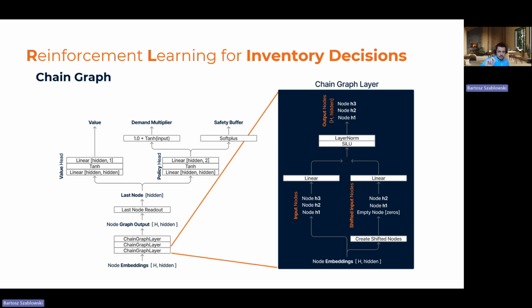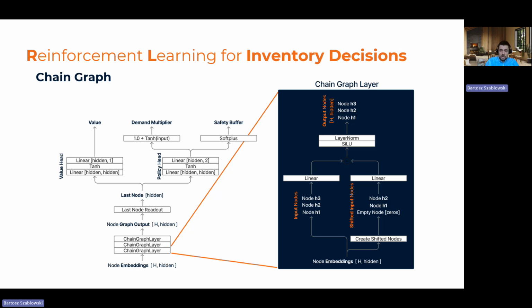Let's first focus on the first chain graph layer. So each node combines information about itself with information from the previous node. So week t+3 receives its own local context together with the signal coming from t+2. This is done through a residual connection. So the model doesn't lose the original information from the node, but only adds a useful correction to it, okay?